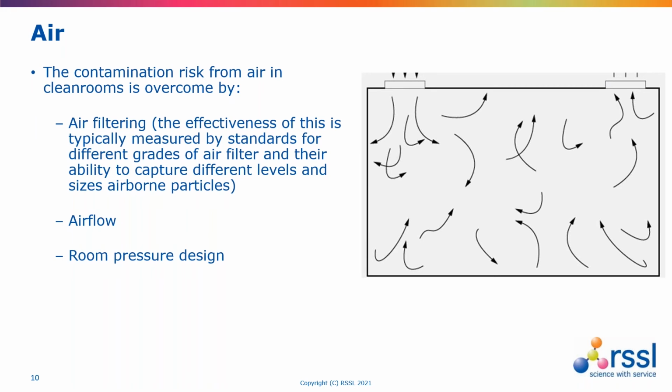So we need to make sure that we've got an appropriate pressure cascade so that when the air from the cleanest room moves outwards into a room of a lower cleanliness level, this actually prevents contamination, and what kind of study we might want to do on that in order to demonstrate that. So just some examples around air that can be considered.